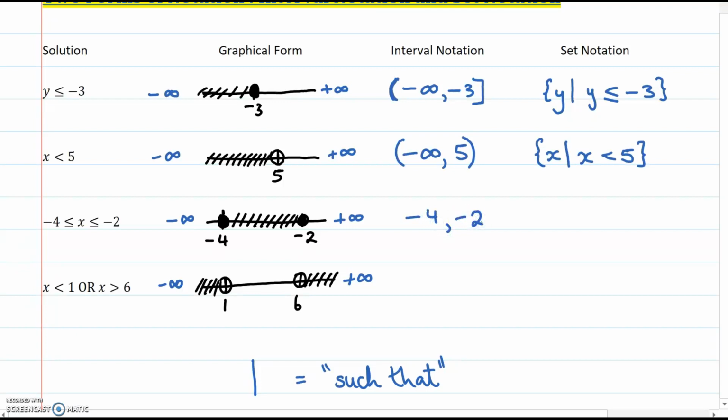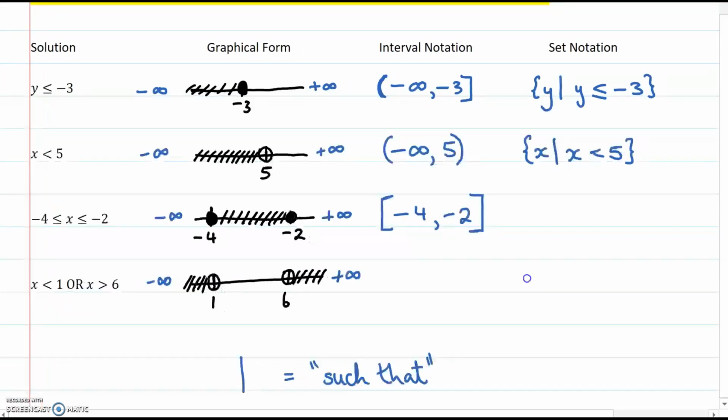Now the question is, do we use parentheses or brackets? If the dots are colored in, it's brackets. So -4 and -2 would be part of our solution. Remember, if it's brackets and colored dots, those numbers are part of the solution. If they're parentheses, then the number there is not part of the solution.